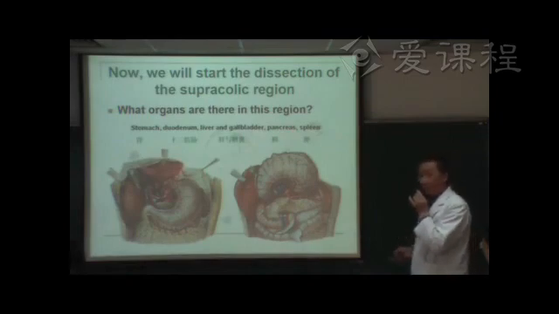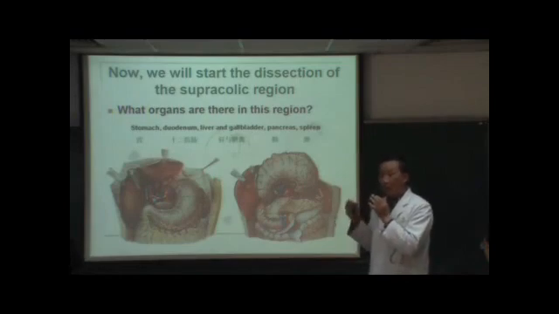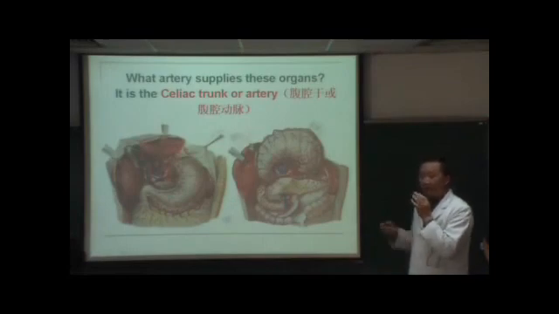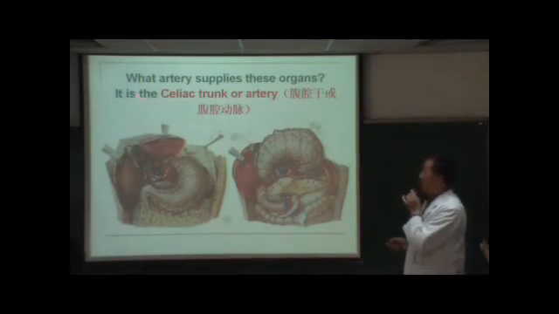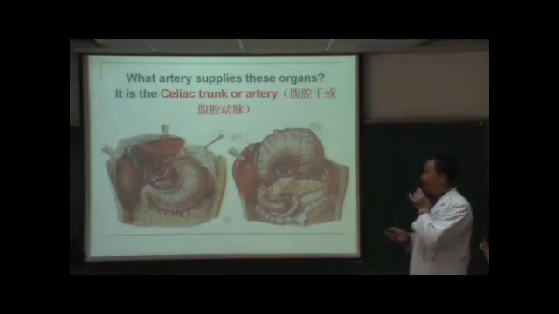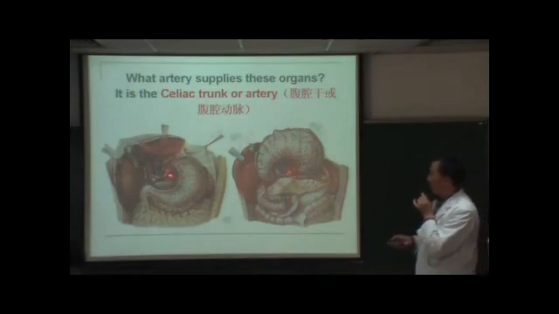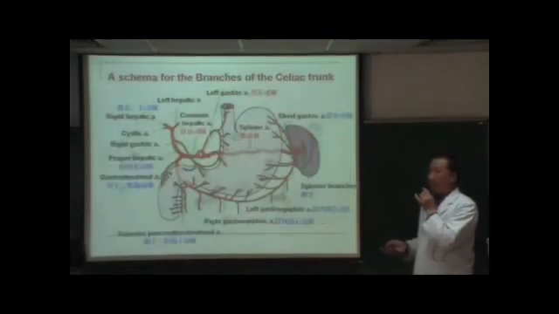Pancreas, spleen. These structures are located in the supracolic region. And what artery supplies these structures? Of course, it is the celiac trunk or celiac artery. Read the artery. Celiac artery. Celiac trunk. Yes, this one. Short but very thick artery.